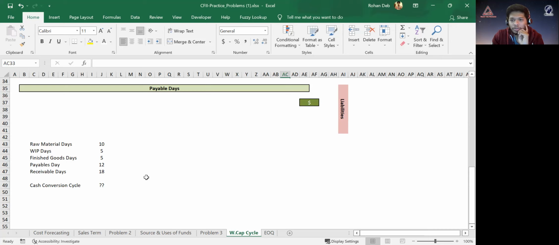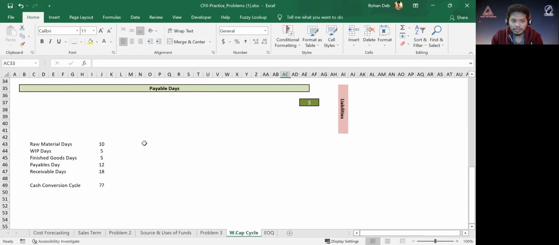So you could have done 10 plus 5 plus 5 plus 12 minus 18. Correct? Wrong. Here I've written payable days and then receivable days.